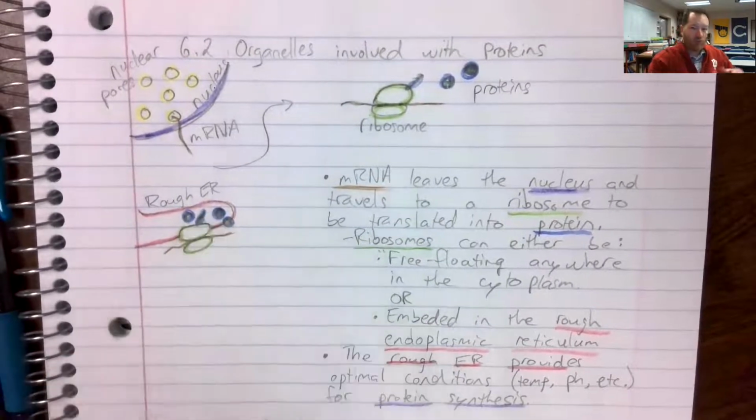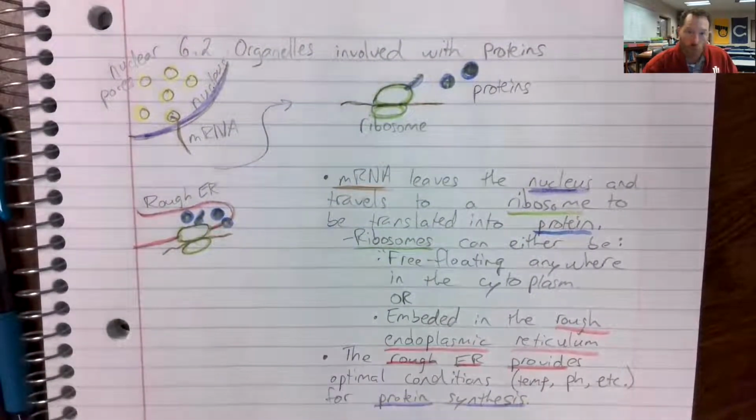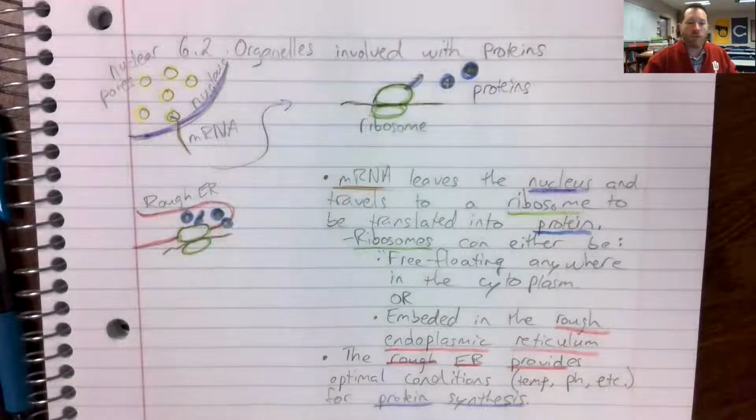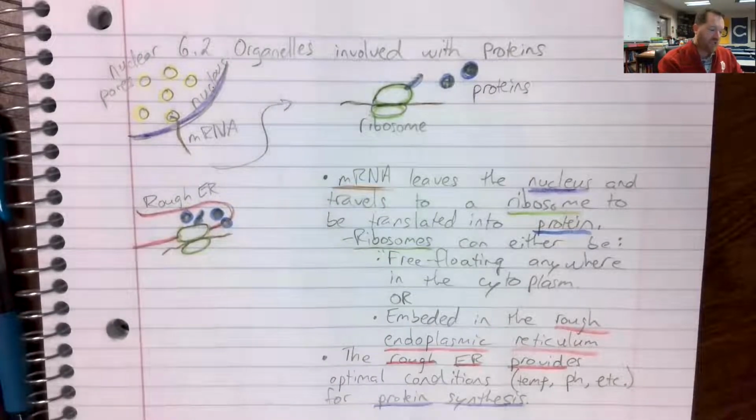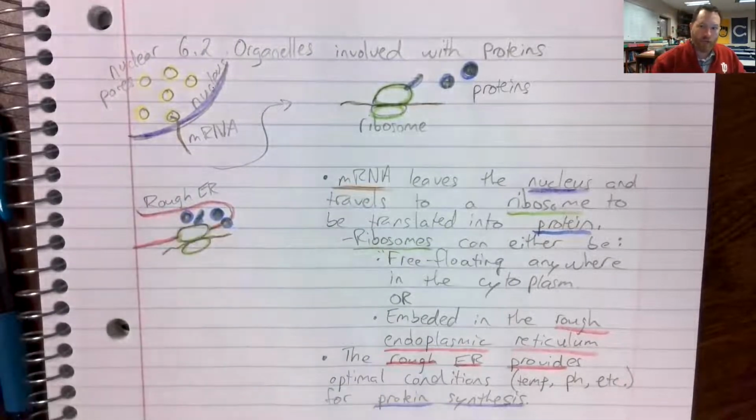Inside of there, that one little room of the cell, we do make it a low pH or a high pH or a high temperature, low temperature. And so these proteins get made there in their optimal area.